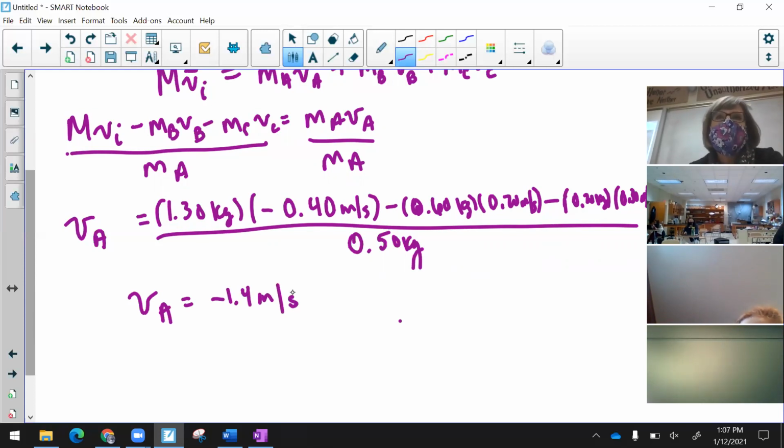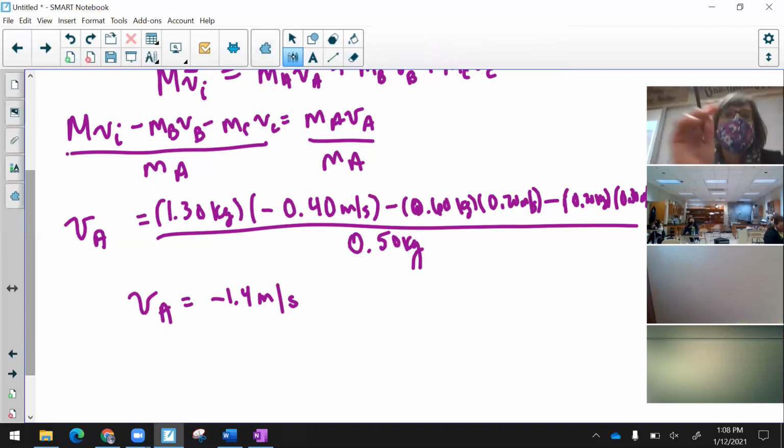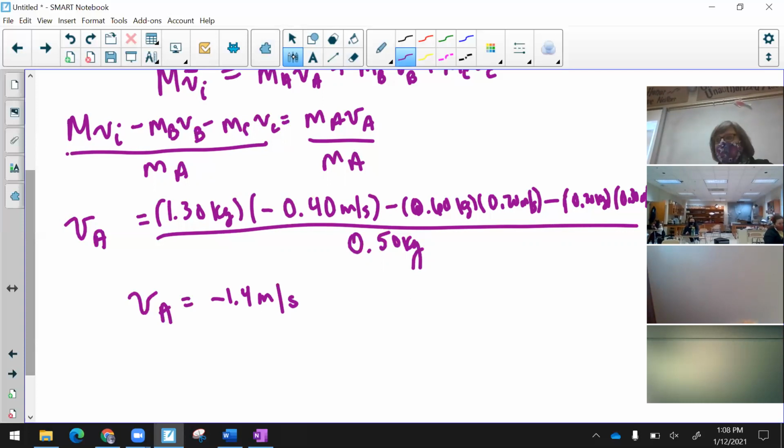Let's see what other people got. Dagny's agreeing, Sophie's agreeing. Okay, and it turns out to have a negative sign, which means the positive direction that we gave it was wrong, which we expected, and that it's in the negative direction. It's kind of big compared to the rest, which is what Lauren predicted. And it makes sense with what we were thinking.